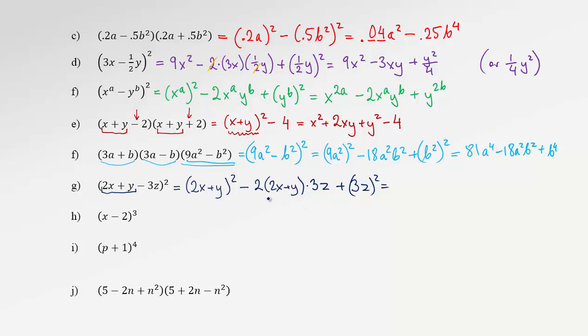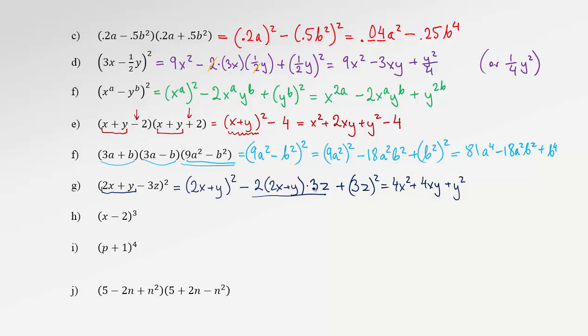Okay, so here we have a little bit more to do, because now we need to square this bracket using perfect square formula again. So square of the first term, 4x squared, plus double the product, 2xy, double it is 4xy, and plus y squared. And then we need to multiply these 3 factors.